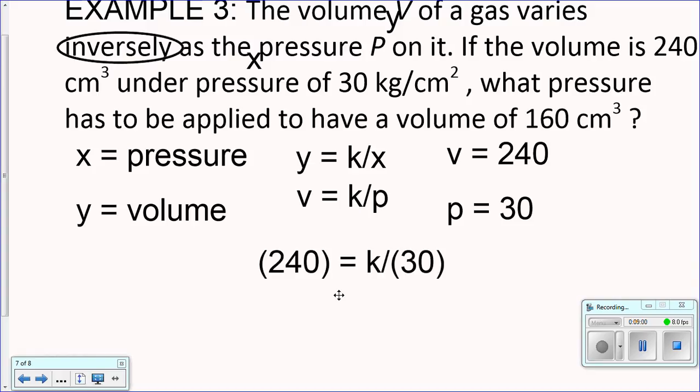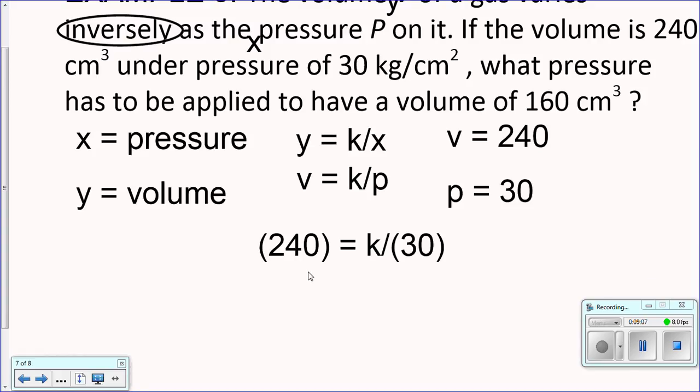So 240 goes in for V, 30 goes in for P. I now need to get K by itself, so I multiply both sides by 30. So I get K equals 7,200. Yes, it's a very large number, but real world doesn't mean that it's always going to be pretty. Okay?